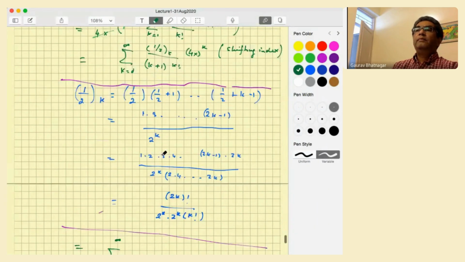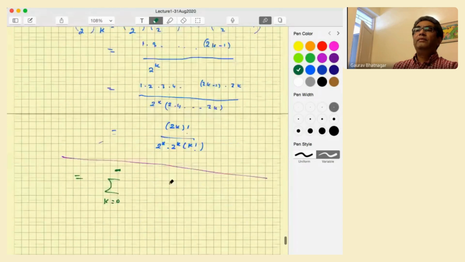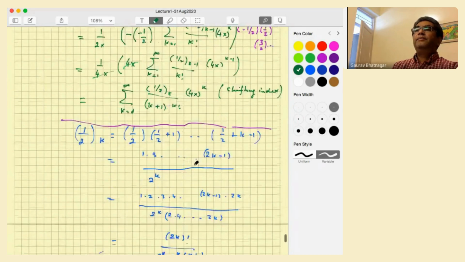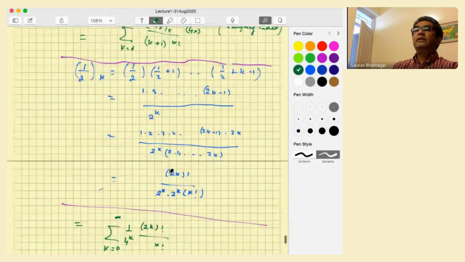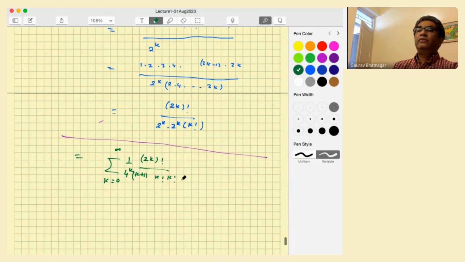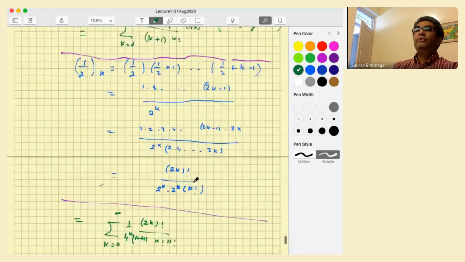I have this animal here. Then I have a k factorial here. I have a 1 over 4 raised to k here. And then this k plus 1 is already there, and another k factorial. And I have 4x to the k.